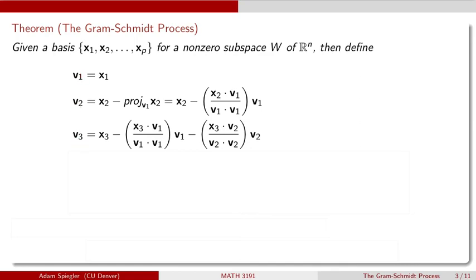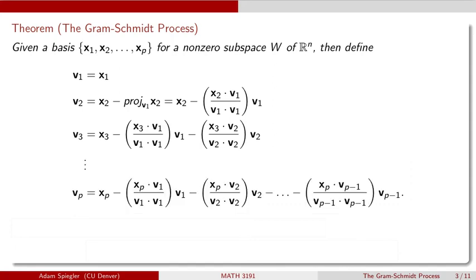So now this basis v1, v2, v3 is an orthogonal basis that spans the same subspace as x1, x2, and x3.